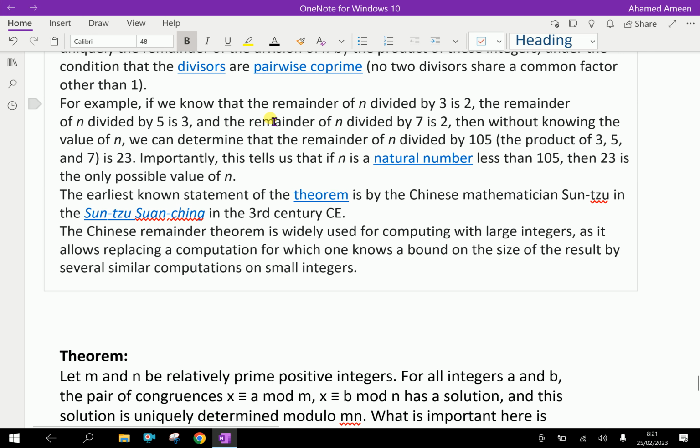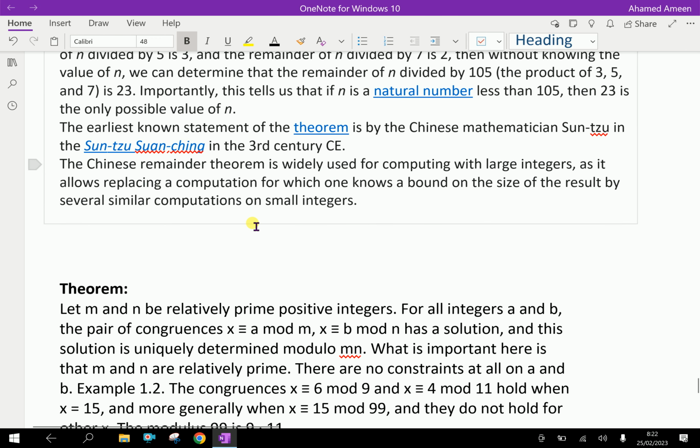That is, 3 times 5 times 7 is 105. Here n is 23. Importantly, this tells us that if n is a natural number less than 105, then 23 is the only possible value of n.